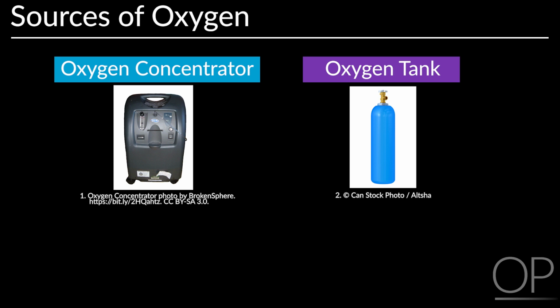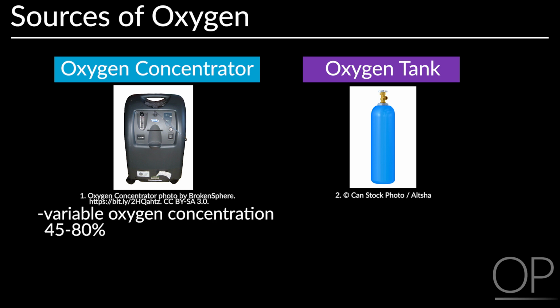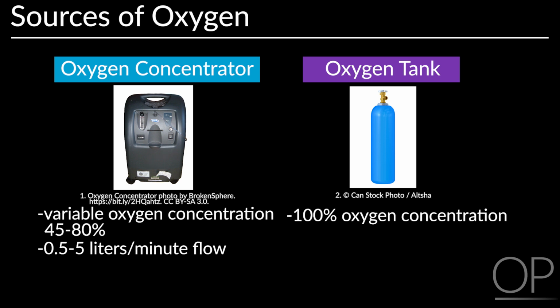The concentrator delivers a widely variable concentration of oxygen from 45 to 80%, depending on the specifics of the machine and the environment. It can provide between 0.5 and 5 liters per minute flow. The oxygen tank provides only 100% oxygen, and the lowest flow that can be set is 1 liter per minute.